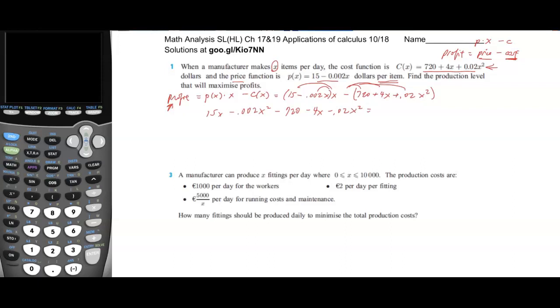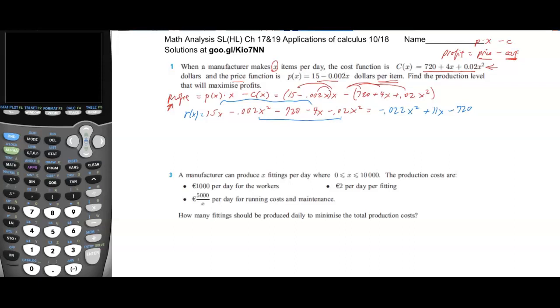Then we group like terms, and it will be negative 0.022x squared plus 11x minus 720. This is our profit function. To not call it P, since we already have a P, I'll call it R, my profit function.